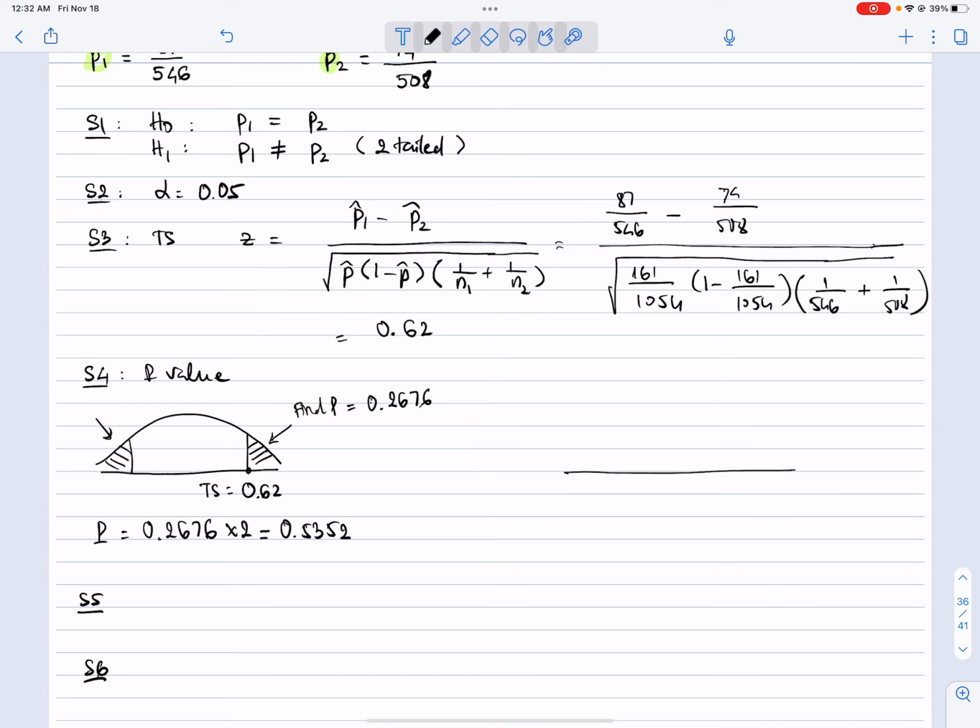For the critical value method, we need to divide alpha by 2 because we have two sides. This is what we need to input first. And we got 0.025 for each side. Then we will have two critical values, one on the right and one on the left.